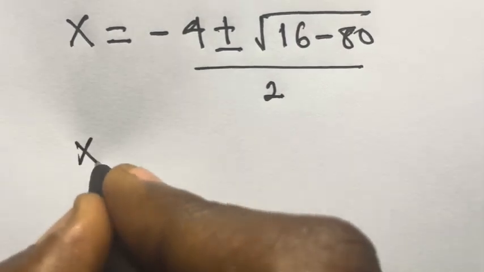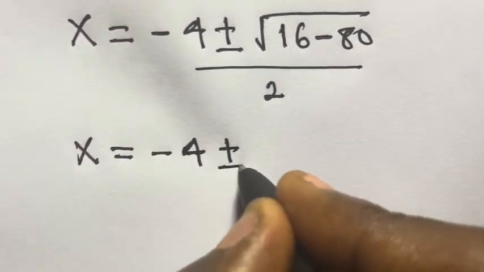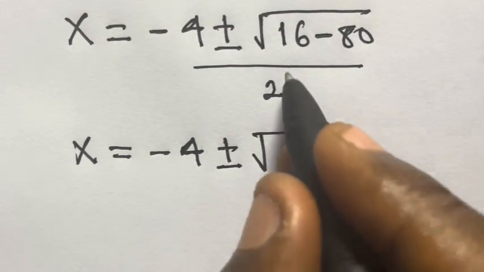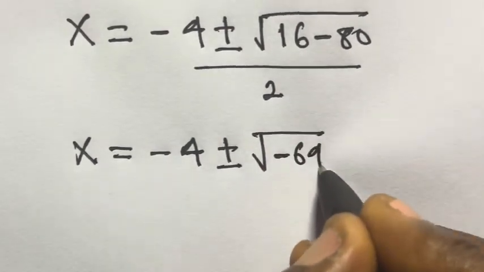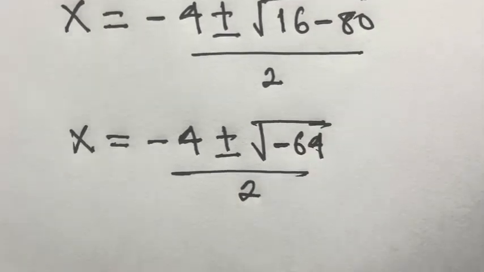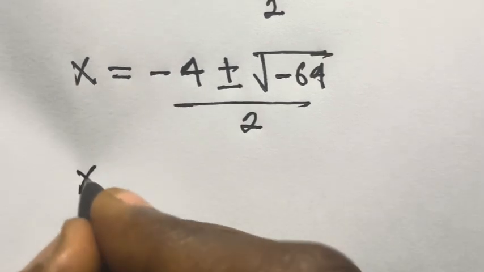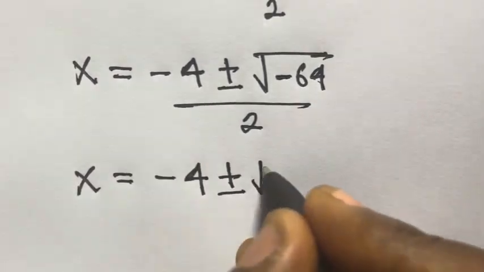Then we have x equals minus 4 plus or minus the square root of 16 minus 80, that is minus 64, divided by 2.